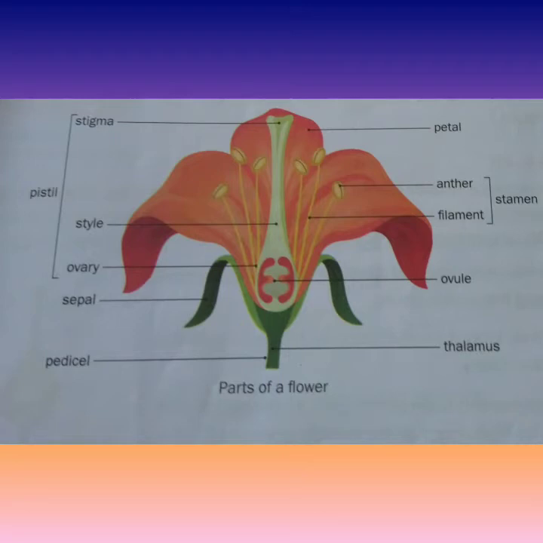Now we will read bisexual and monosexual flowers. All flowers may not contain both male and female reproductive parts; they are classified on the basis of the presence of one or both reproductive parts.